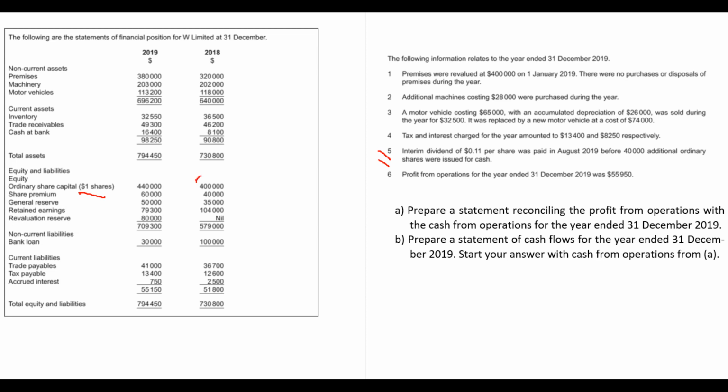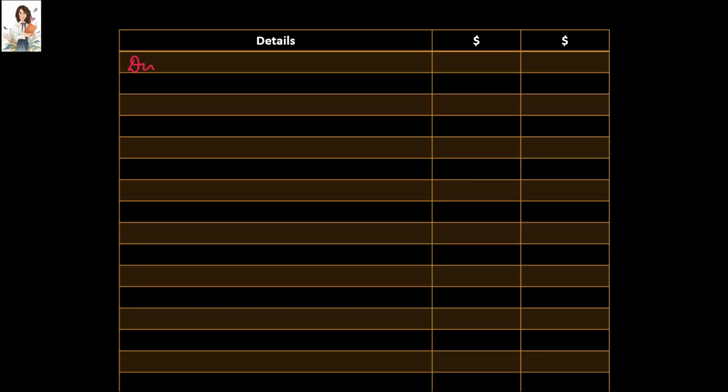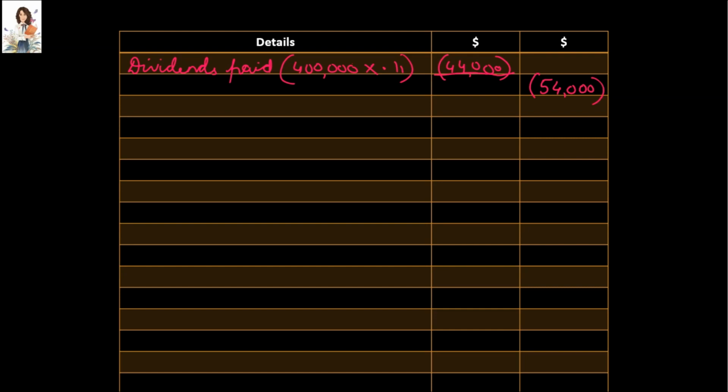That means interim dividend was paid on these 400,000 shares, and the interim dividend rate is 0.11 per share. So that means we have paid interim dividend of $44,000. So dividends paid $44,000 of outflow. So the net cash used in financing activities is $54,000.